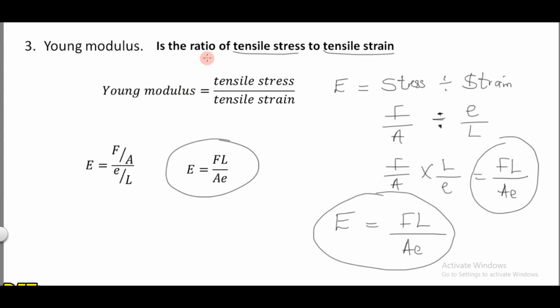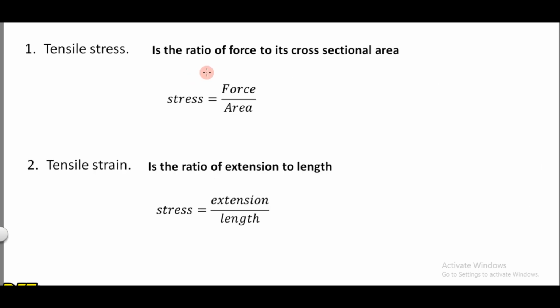Again, Young modulus is the ratio of the tensile stress to the tensile strain of an elastic material. And like I said, these three physical quantities, tensile stress, tensile strain, and Young modulus, are used to determine how strong an elastic material is. So it's just a quick recap.